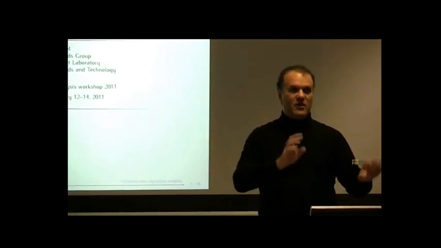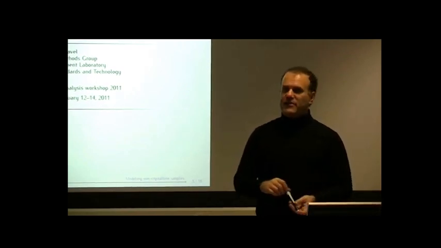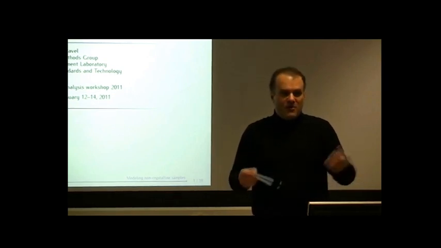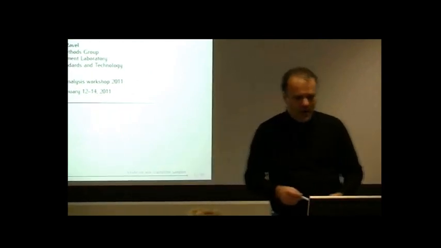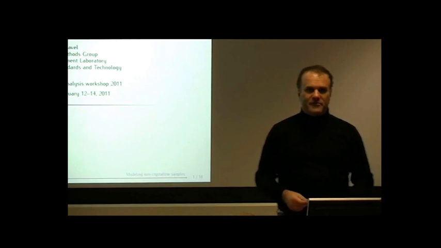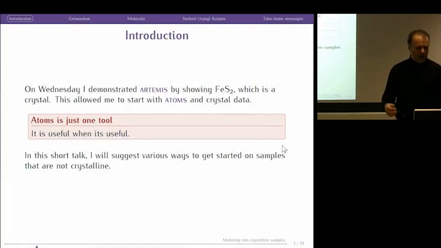Nobody needs to measure beautiful XAFS data on iron sulfide and then analyze it and come up with it. I mean, there's no publishable result there, right? There's nothing there. It's a known structure. What everybody else works on are things that are obviously a lot more challenging than iron sulfide.